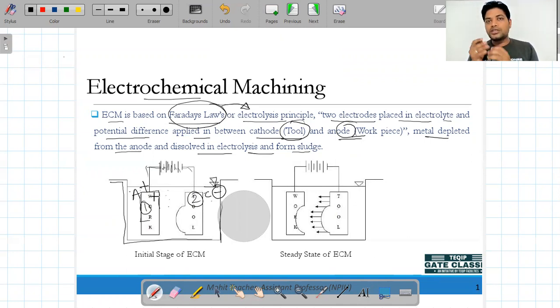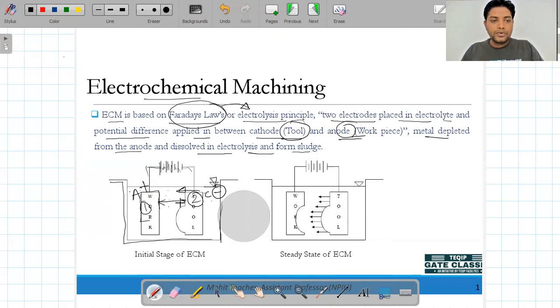Once it reaches steady state, if the gap between the workpiece and the tool is enough that material is not depleted from the workpiece, then there is no issue. But if not, we will move this tool toward this side.